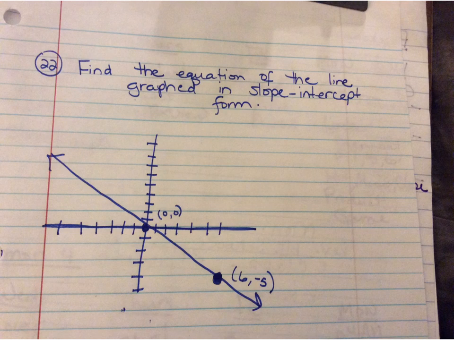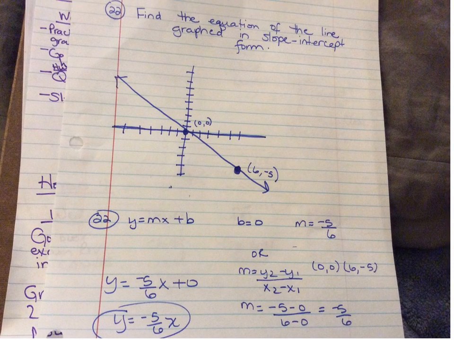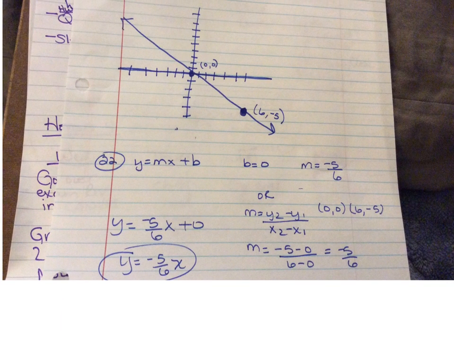Okay, 22. Find the equation of the line graphed in slope-intercept form. On problem number 22, if I want to find the equation that's graphed in this picture, the first thing I know is that it crosses the y-axis at (0, 0), so my y-intercept is 0. And then I need to know what my slope is. One way I could do it is count the slope from the top to the bottom. That's down 5 and right 6.